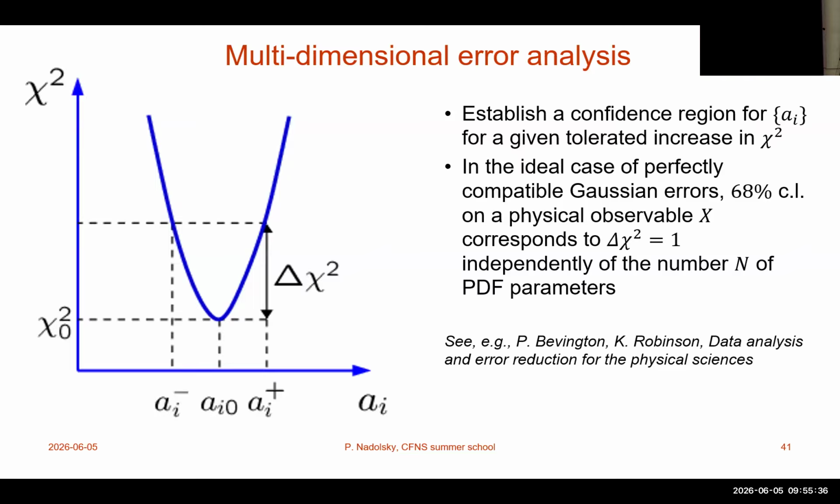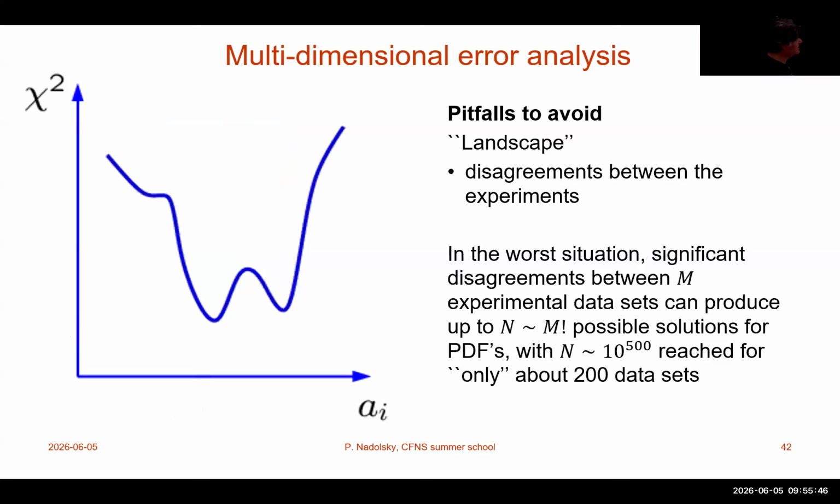Okay, so that's a very classical result, and you need to remember that it works in many cases. It does not work in some practical cases, and what you have to be careful about is that you always ask, first of all, is my distribution Gaussian? For example, you could have something like a landscape, where a very famous example is the so-called string landscape. You may have not just one global minimum, but a landscape of many minima and maxima, and you may be stuck in one local minimum, but there is no single local minimum.